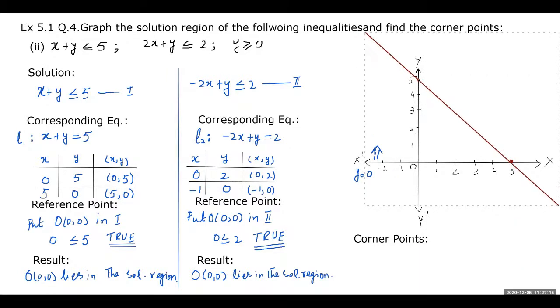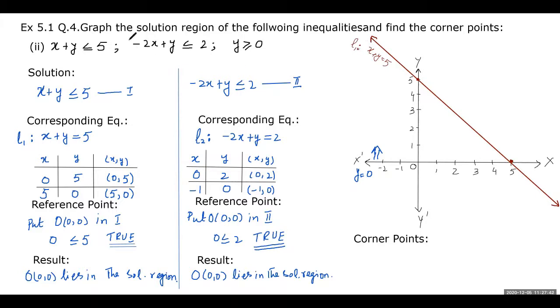This will be your L1. We put arrowheads on it. We write the equation on it. The equation of the line is x plus y is equal to 5, and the name of the line is L1.